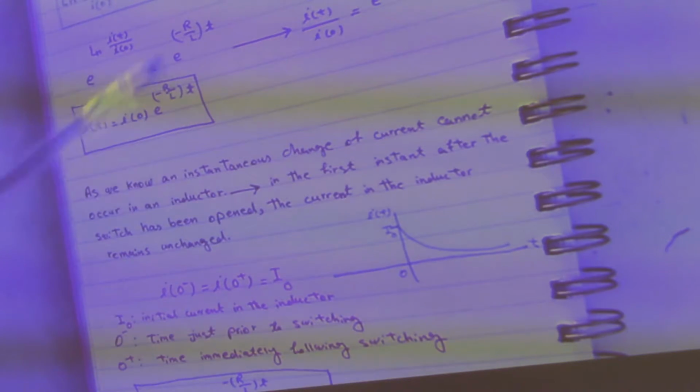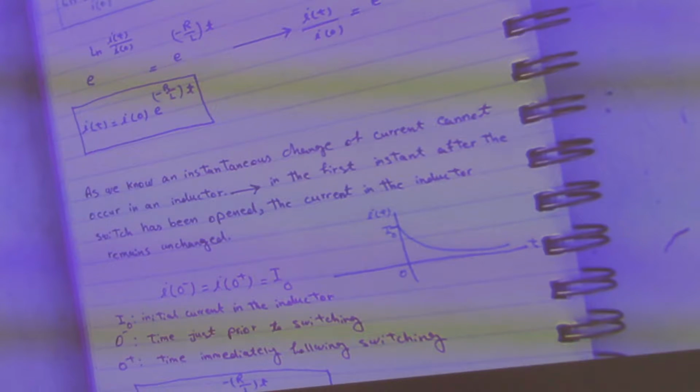We put T over here because we want to know in a certain amount of time how the current changes with time. Is that clear? So from T naught to T, T naught is our reference time, and we said that our reference time for this circuit is t equal to 0.